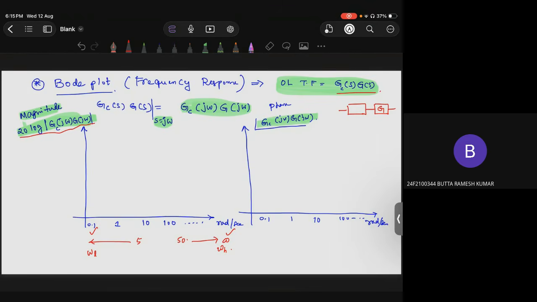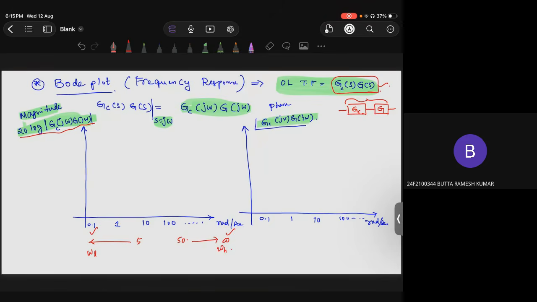The plant is G, and the controller is, let's say, GC. It could be a P controller, PI controller, etc. Generally, we define the open loop transfer function as the multiplication of these two. We always draw the Bode plot for the open loop transfer function.